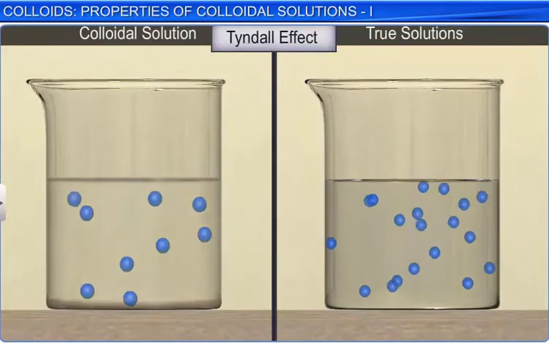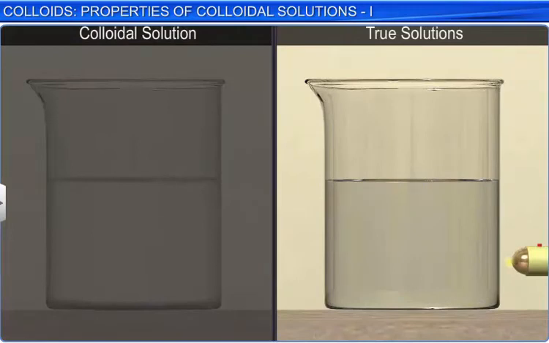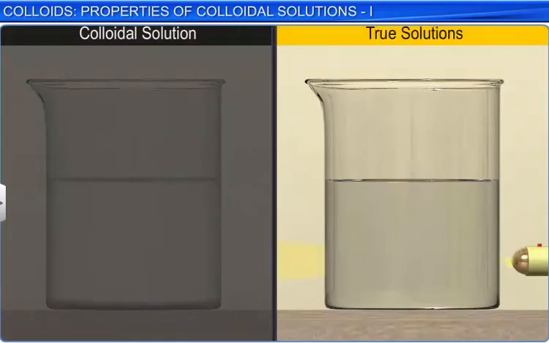When a beam of light passes through a true solution, there is no scattering and the path of light cannot be traced. The solution appears clear if observed in the direction of light, and perfectly dark if observed from a direction perpendicular to the direction of light.